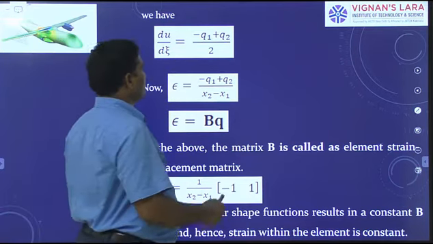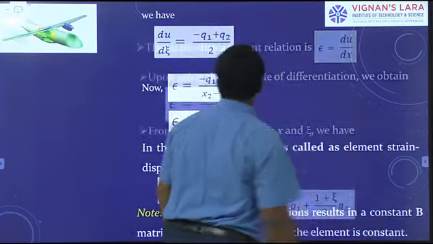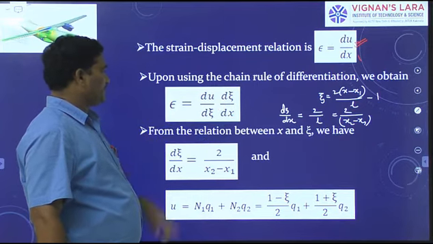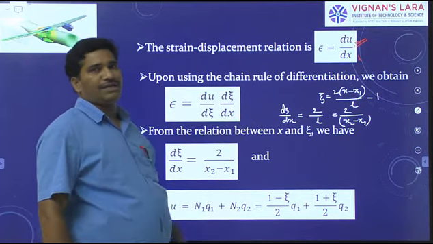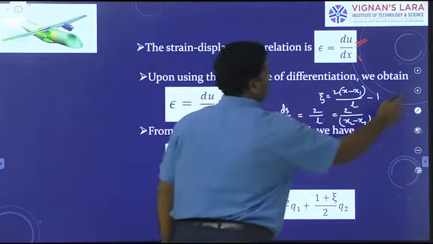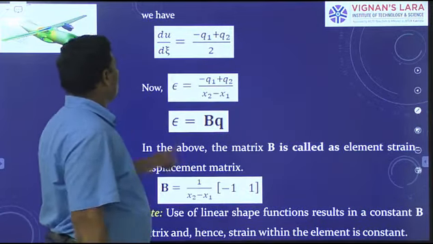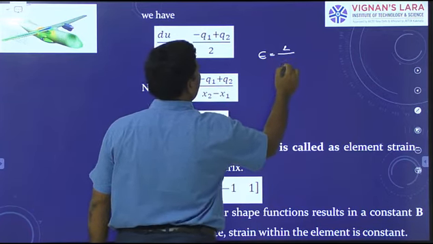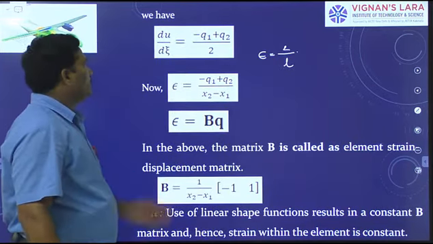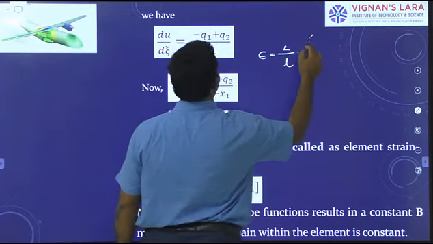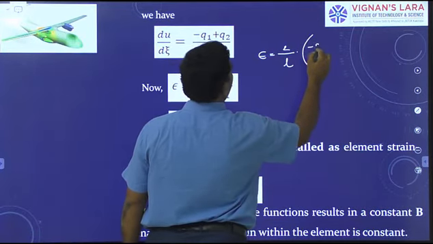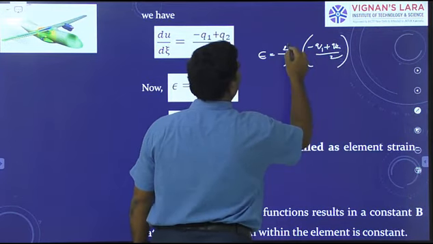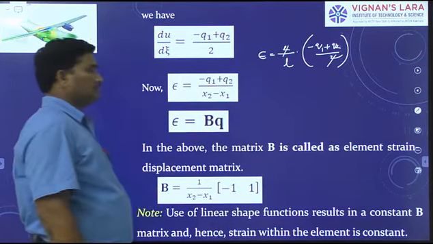Okay, now see here. Epsilon equals du/dξ into dξ/dx. We have dξ/dx, that is 2/L. Now, epsilon equals 2/L into du/dξ, which is (minus q1 plus q2)/2. Therefore, the 2s cancel each other.